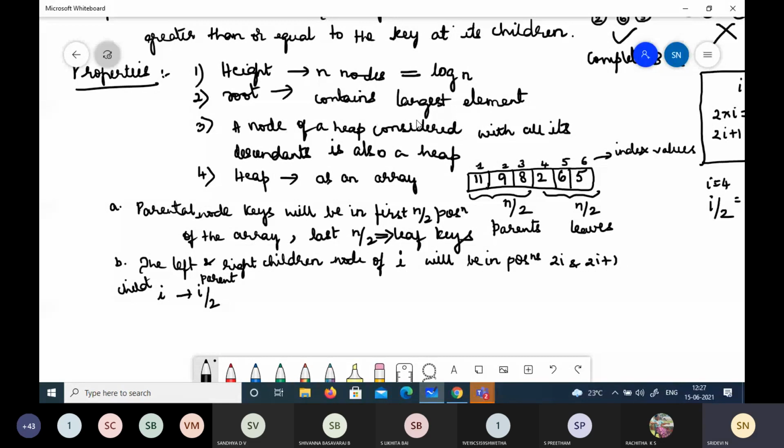Clear what this means? We can move to constructing a heap for a given set of elements. There are two methods, and we will discuss both. Is it clear? Yes, ma'am.